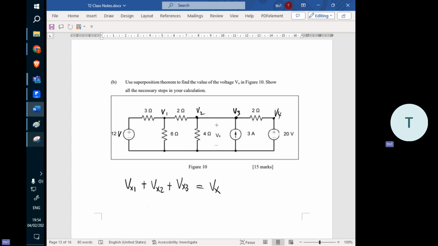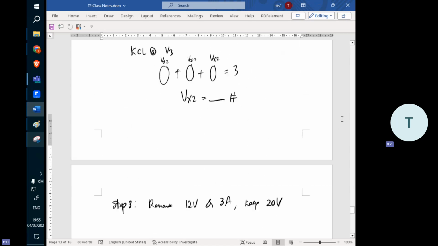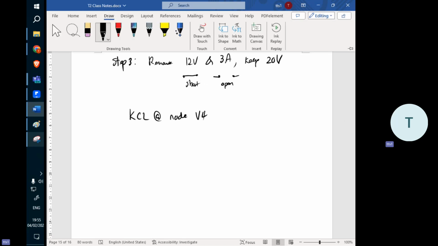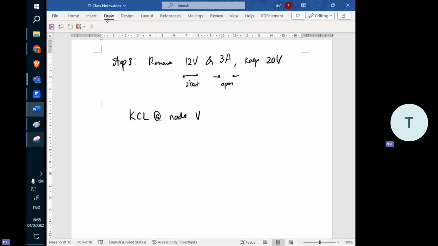The last question is easy, but it takes so many steps. No, it's wrong already. So here, it should be V2, okay? There's no V4, it is V2, right?